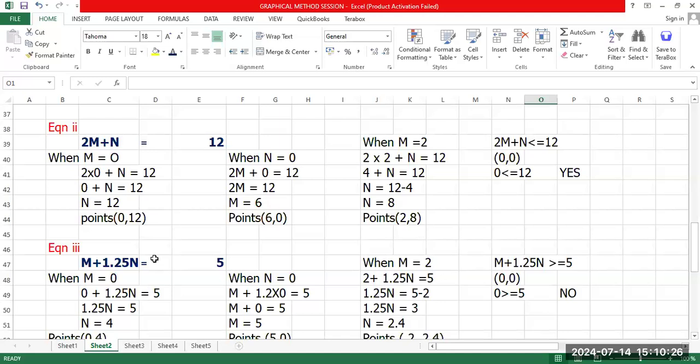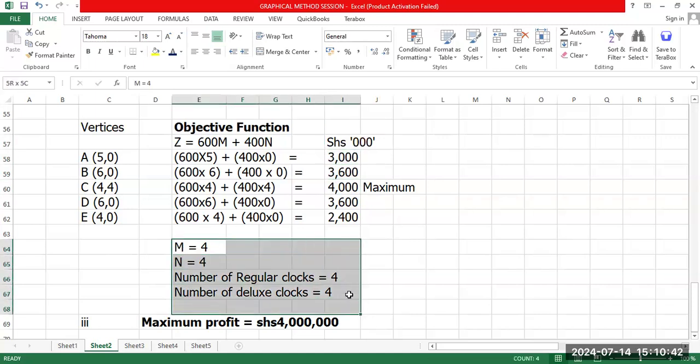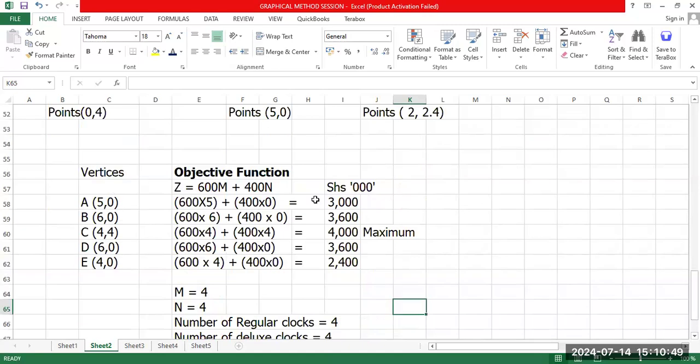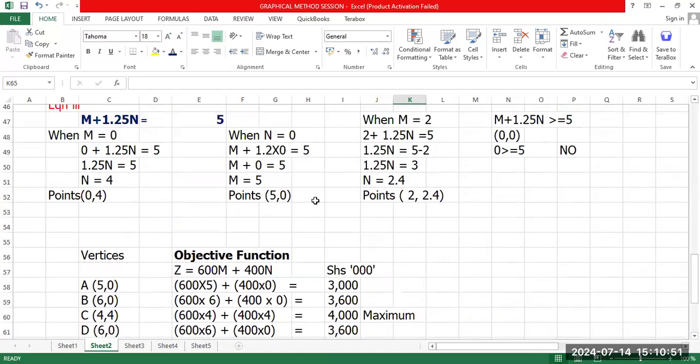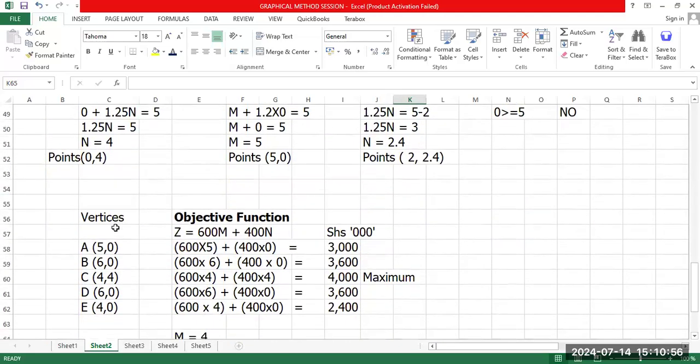Once you have the shaded region, get these points and substitute in your objective function, and get the value so that you can make the conclusion. Is it hard, colleagues? That's how you are going to use the graphical method. You use graph book or graph paper just to help you get these points.